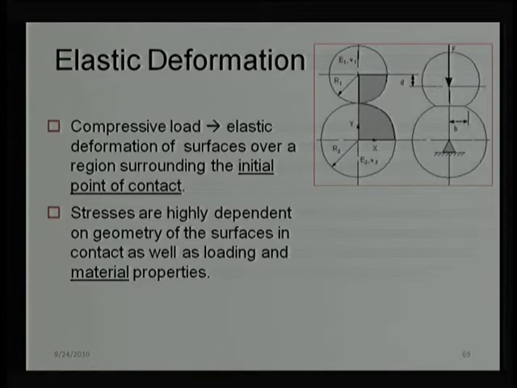Otherwise, in ordinary mechanical engineering, we assume that geometry is not going to play that important a role, as material properties are. Or we say that for elastic deformation, generally Young's modulus and Poisson ratio will play an important role compared to the shape of geometry. Well, in this case we are going to prove that geometry plays an important role, and if we derive the relation for a sphere on a sphere and a cylinder on a cylinder, there will be variation in the expression itself.